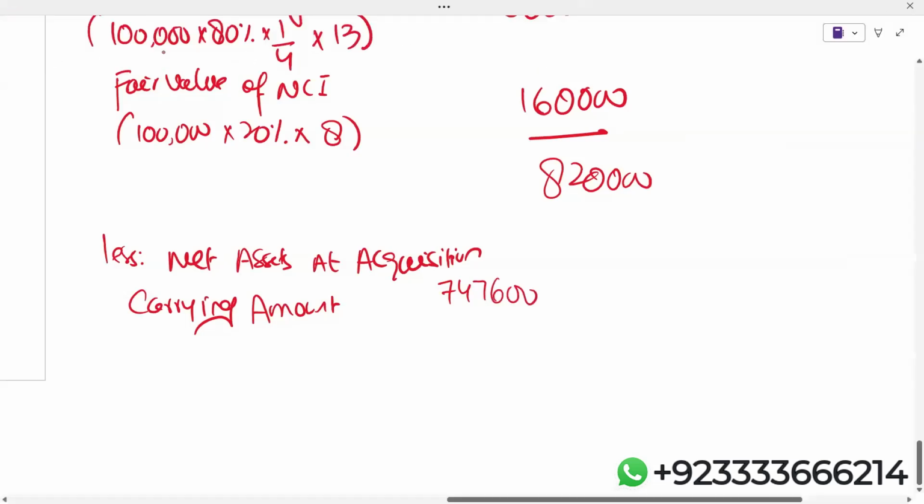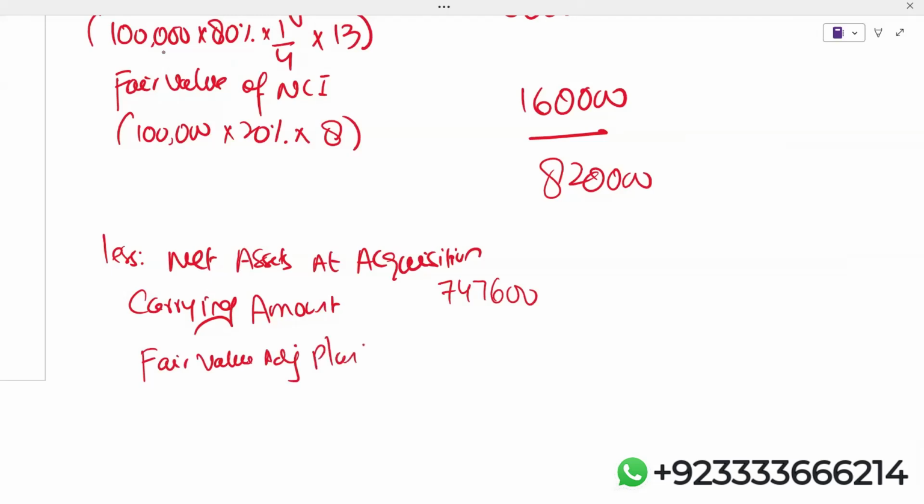Fair value adjustment: plant 50,000. Due to this, there will be a deferred tax liability: 50,000, 30% of that, 15,000.